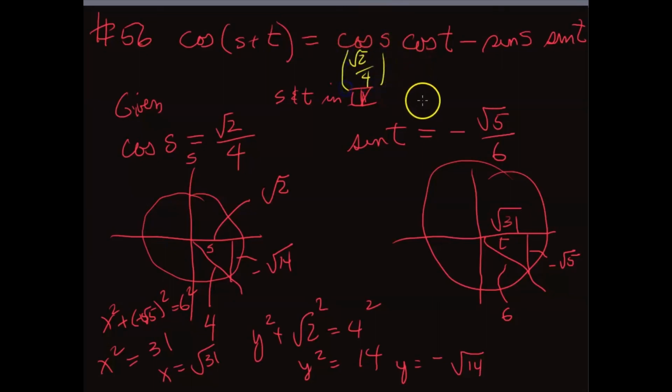Cosine of t is the square root of 31 over 6. Minus the sine of s, negative square root of 14 over 4. Sine of t, negative square root of 5 over 6.